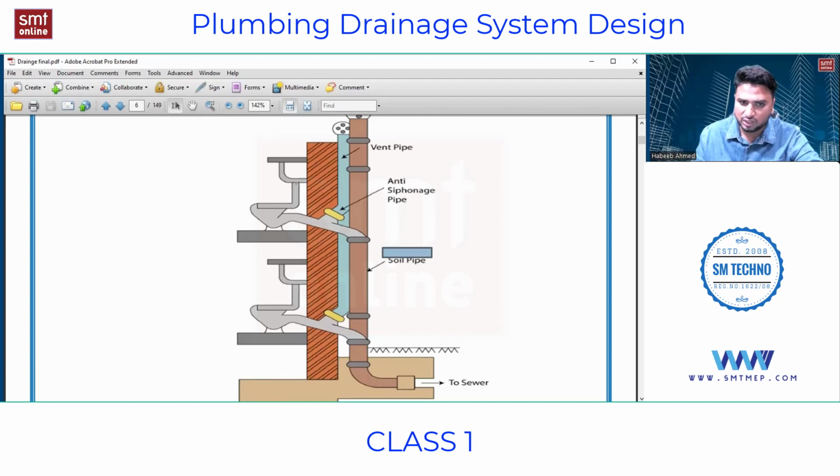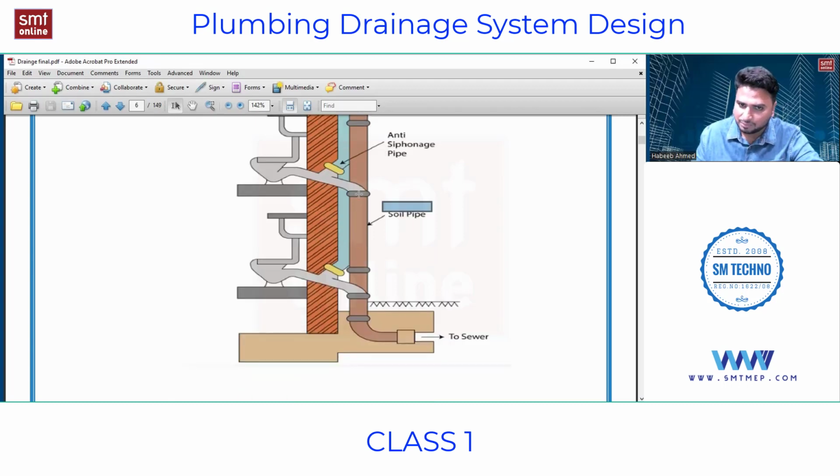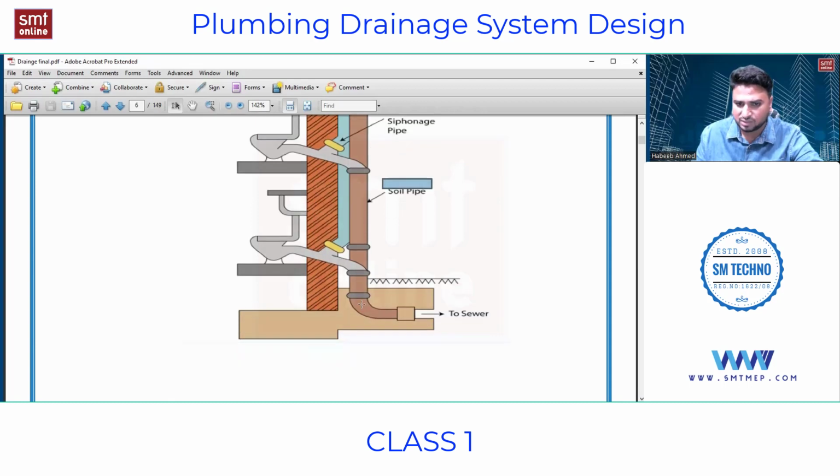When the flush happens, the waste is carried here and collected into this vertical pipe, and from here it comes down by gravity. Likewise from the first floor, if someone uses this WC, the same thing happens, and there is a bend over here going towards the sewer, either a public sewer or a private one, whatever it might be.